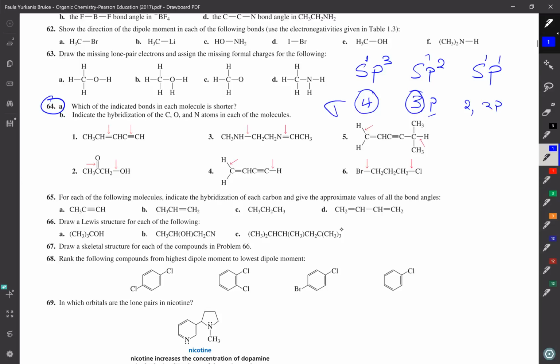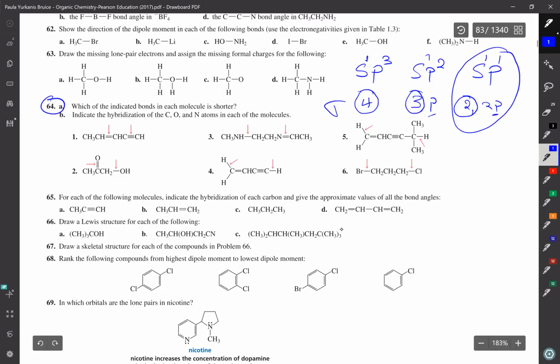And a carbon atom that is sp hybridized will be surrounded by 2 sigma bonds and 2 pi bonds. Usually, triple bonds fall in this category, double bonds fall in this category, and single bonds in this category. Does that make sense?